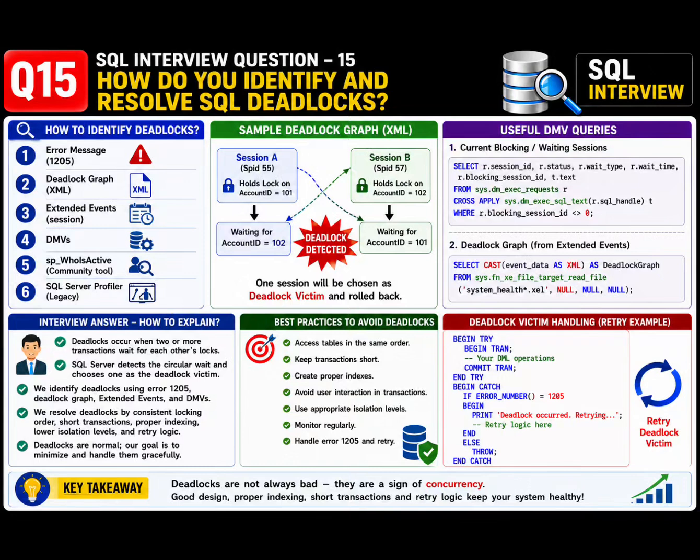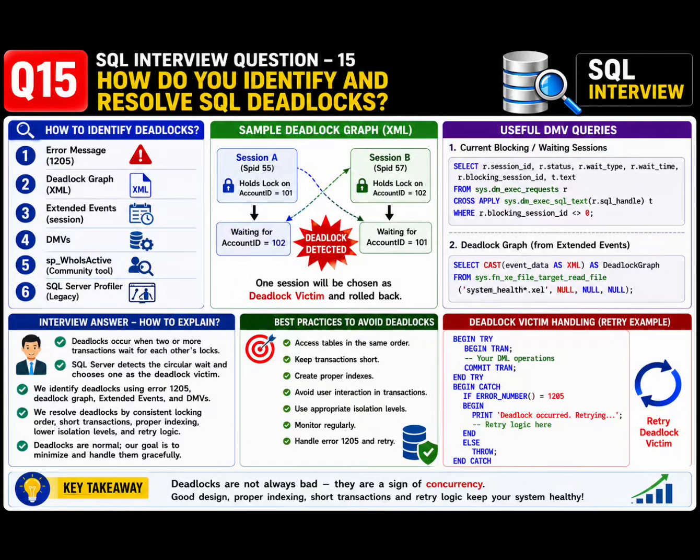Then if the interviewer asks how do you identify and resolve SQL deadlocks? A deadlock occurs when two or more transactions hold locks on different resources and wait for each other, creating a circular dependency. So SQL Server detects the deadlock automatically and chooses one transaction as the deadlock victim.